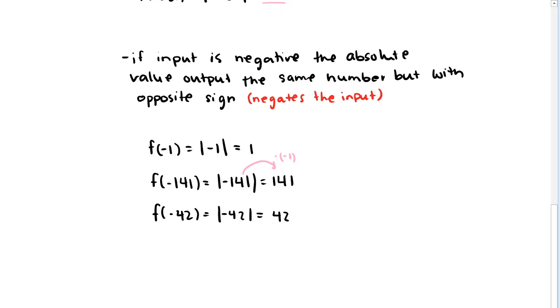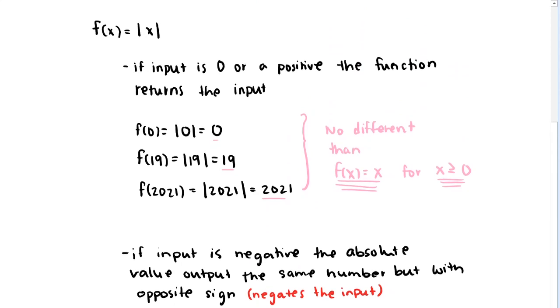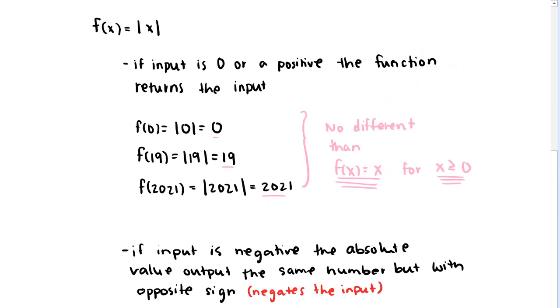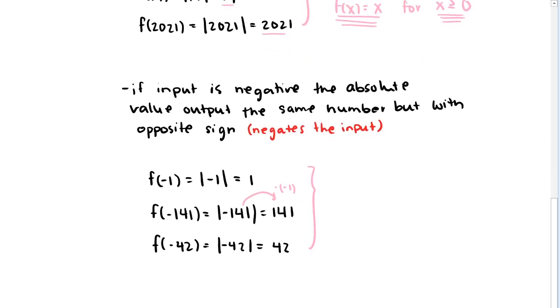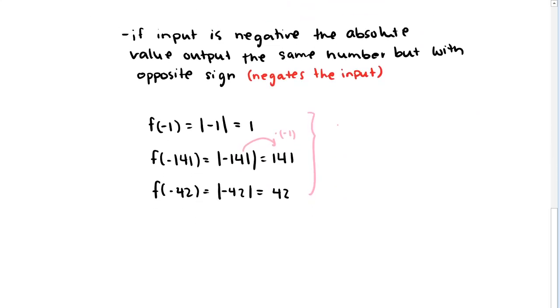In the same vein as the above examples, these examples really aren't different than the function f of x is equal to negative x. We just negated the input, and this is for x less than 0.